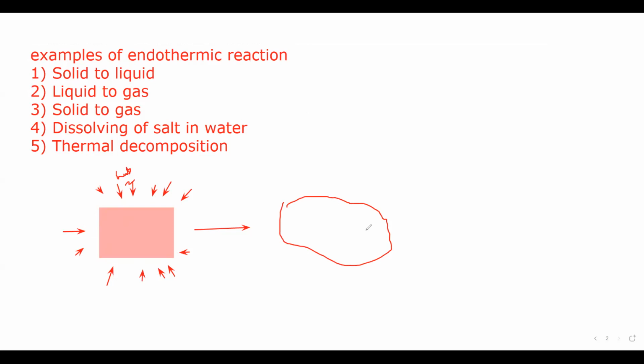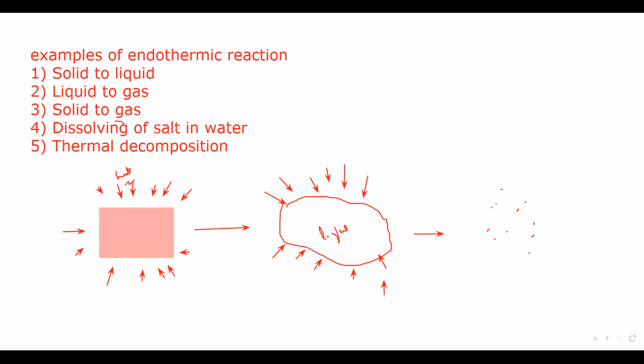Same way, when a liquid turns into a gas, we supply the heat energy, and this liquid boils and turns into a gas. So if a liquid absorbs energy and changes into gas, this change is also, in terms of energy, endothermic. Same way, a solid sublimates, converting directly into a gas, that is also an endothermic change.